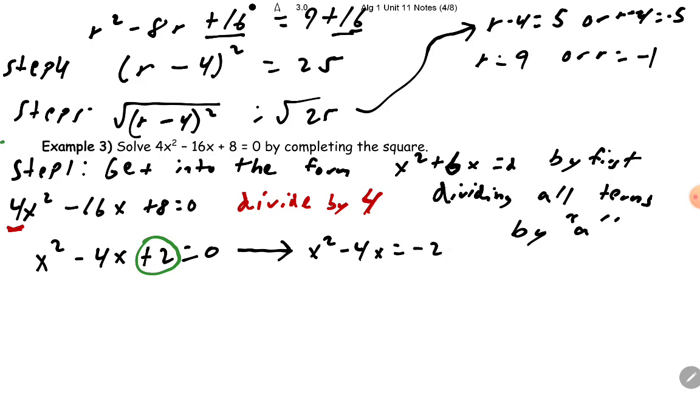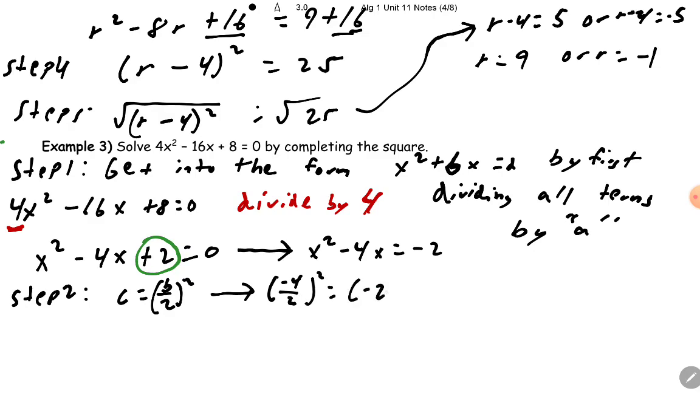So there we go. Now step 1 is complete. I can now do step 2, which is to find the c value, in which our b value is negative 4. So this becomes negative 2 squared, which is positive 4.